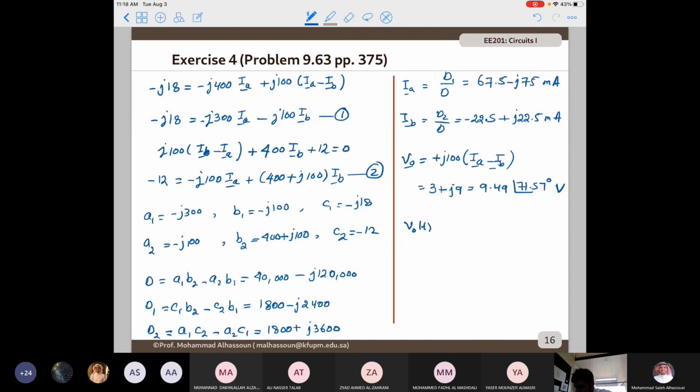So V naught of t... Okay, so you see here that we did not apply anything new. Everything we did in chapter 4, we applied it here. The only difference here is that we're dealing with complex numbers instead of real numbers.